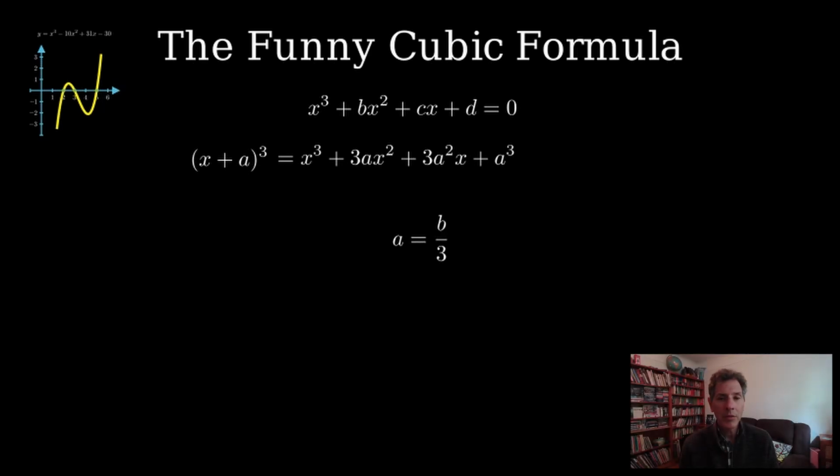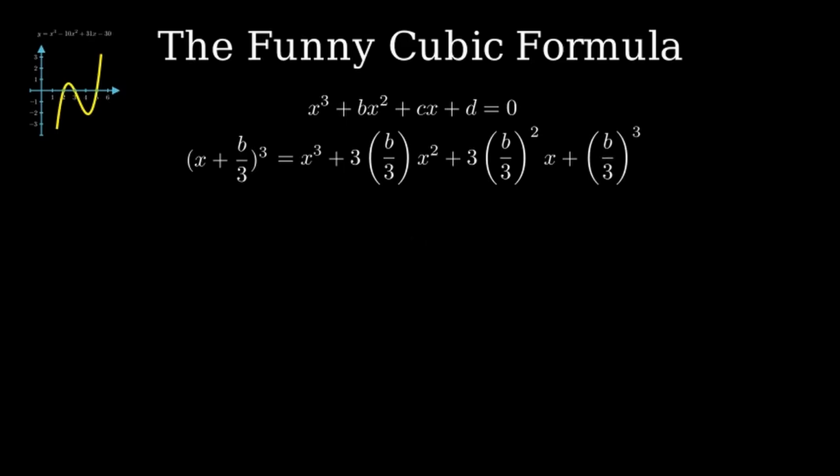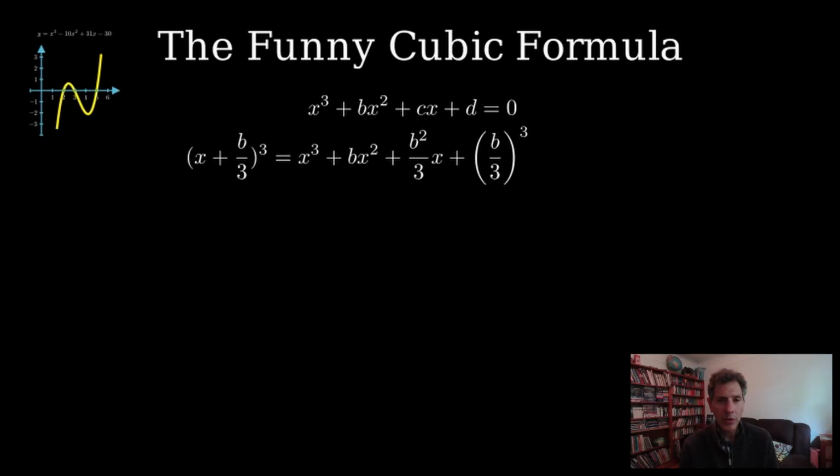So let's replace a with b over 3 in our equation and simplify. Now let's solve for x cubed plus bx squared so we can replace those 2 terms in our original equation.